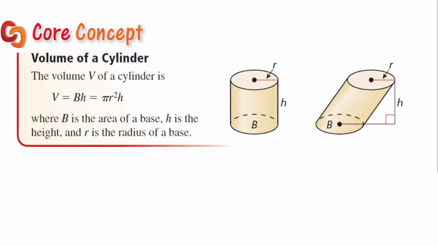The equation for the volume of a cylinder is very close. The difference is we have an equation for the area of a circle. The base is a circle, pi r squared. That's the only difference. Again, we can have it at an angle. This is called oblique, and I'm still going to look for the height.